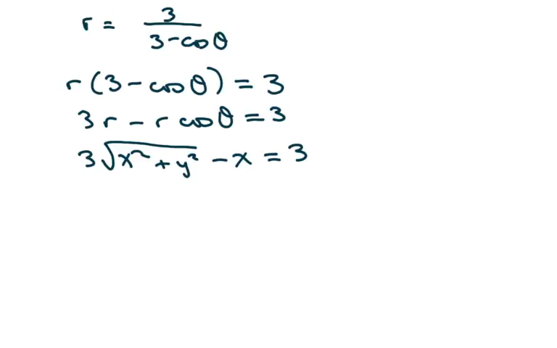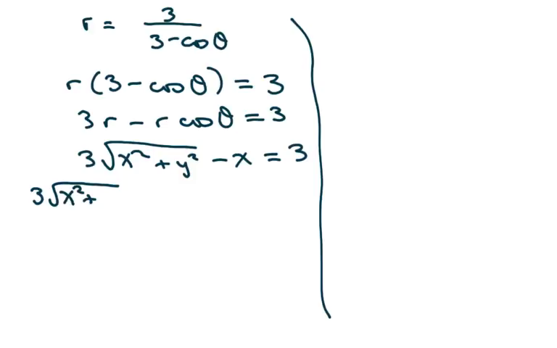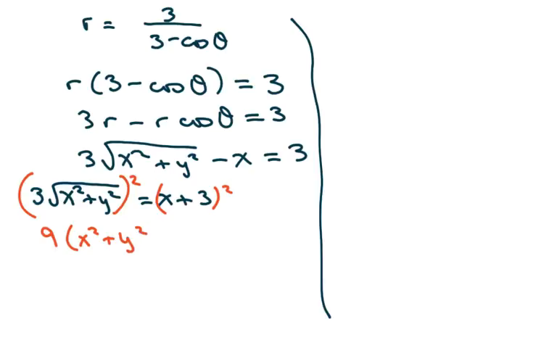So again, like I did before, I'm going to move the x over. So you get 3 times the square root of x squared plus y squared equals x plus 3. Now I'm going to square both sides, and you're going to get 9 times x squared plus y squared equals x squared plus 6x plus 9.